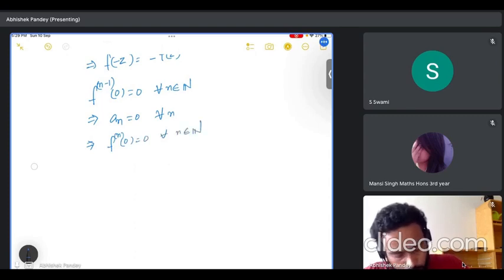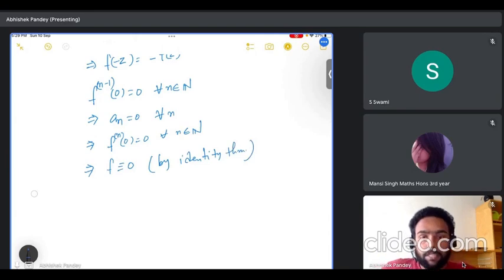And this will imply that f is 0 by the identity theorem. Is it clear?